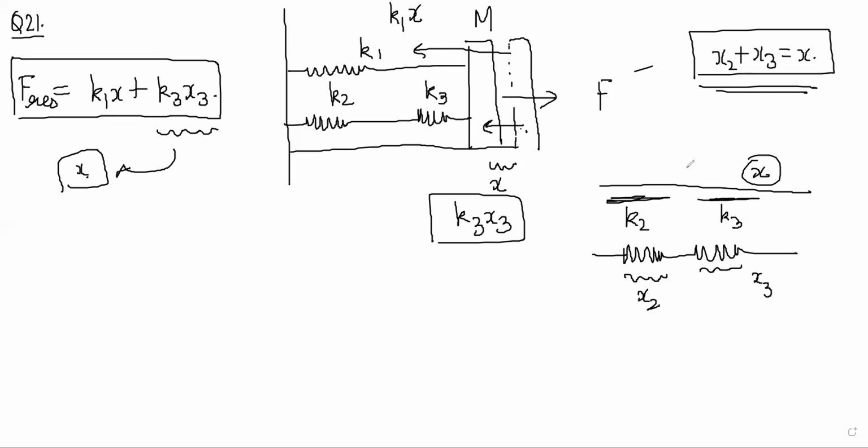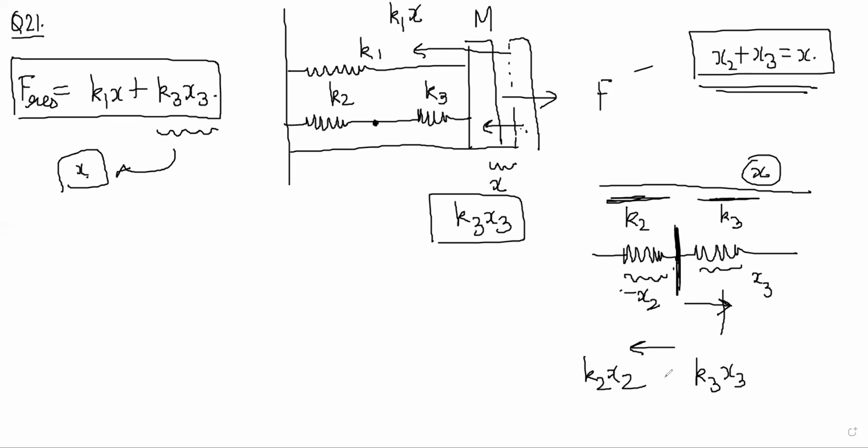For that, you need to understand that at this point, think of the forces at this point in the middle here. It will be pulled by this spring with a force of K2X2, and this spring will pull it by K3X3.